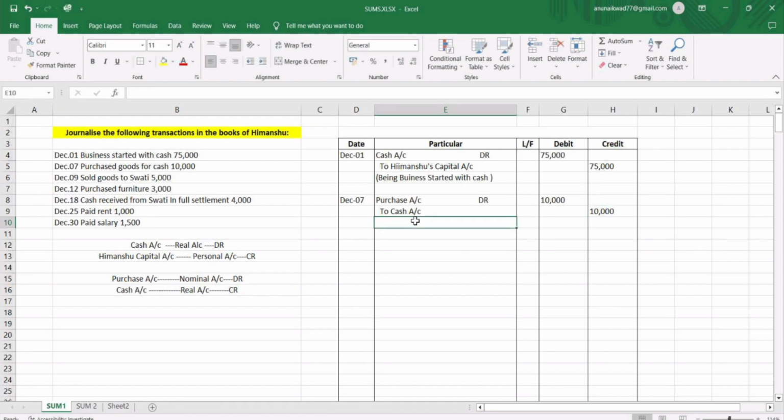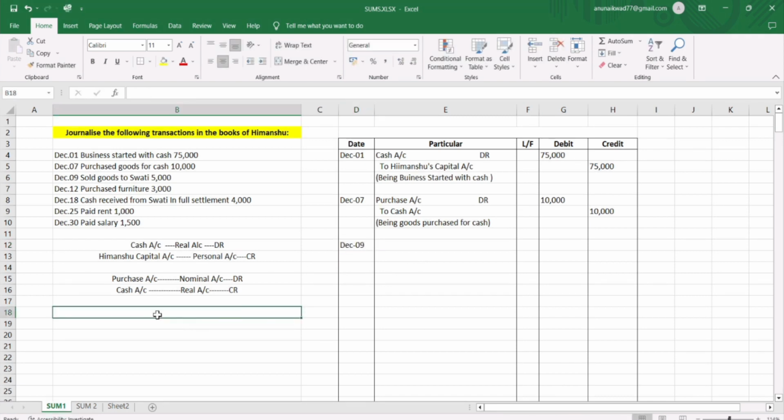So our narration will be being goods purchased for cash.